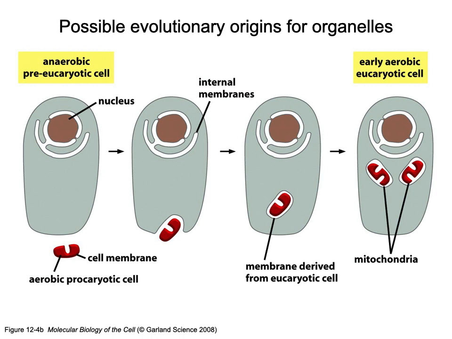That gave the cell an added benefit. Prokaryotes are limited in their size because they have to perform all these functions. A eukaryotic cell can be much larger because it can have these compartments, these organelles that provide those special functions for it. So it would give it an added benefit, added fitness.